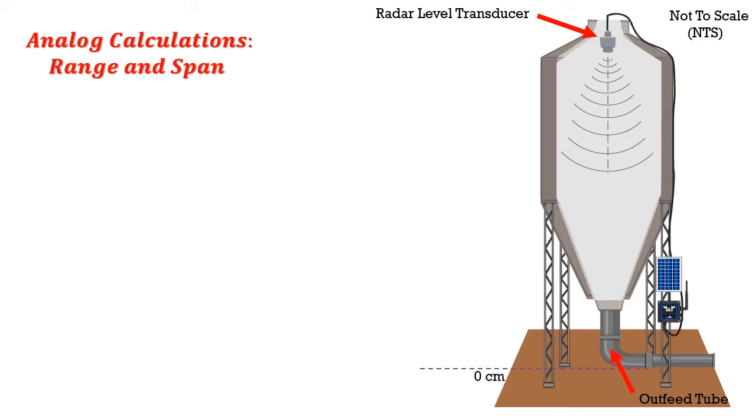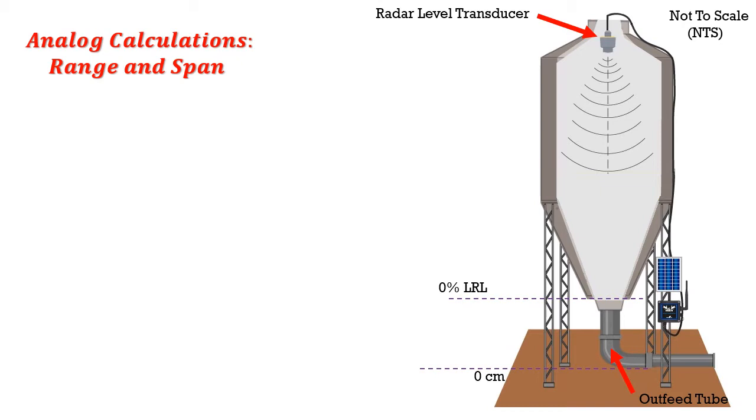So we'll take all our measurements from the ground and we'll say that the ground is at 0 centimeters, because it's where we're starting our measurements. The height of the outfeed tube is an offset. So above the outfeed tube is where we actually start calculating how full our silo is. When our silo is empty, we're at our lower range limit.